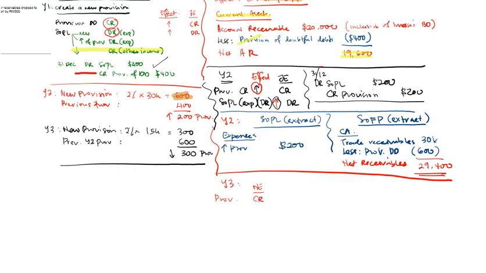And since other income is also credit, let's check on the effect of recording this transaction. The provision will be lower because there's a drop from 600 to 300.